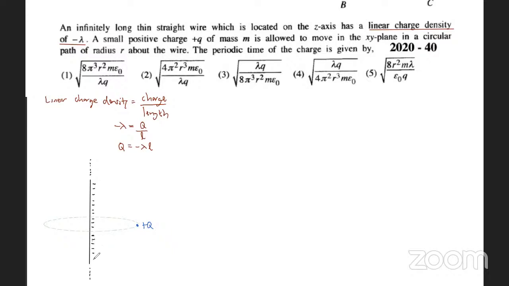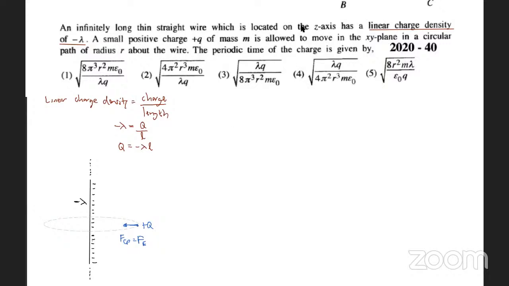That will be its centripetal force, and that centripetal force is the electrostatic force. It has a linear charge density of minus lambda, and this is minus, this is plus, so that's why it's experiencing that attractive force.